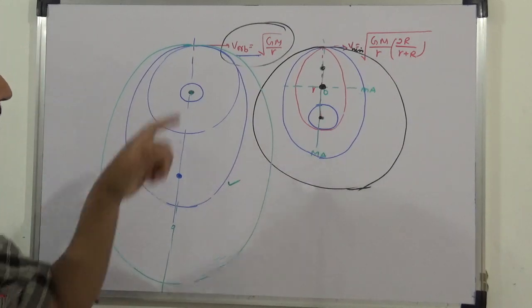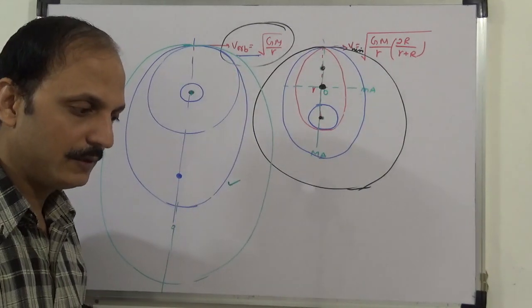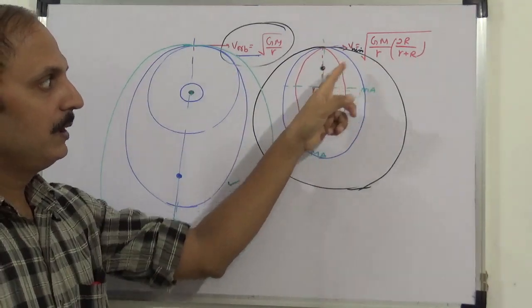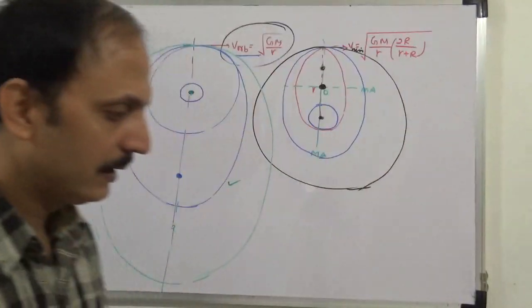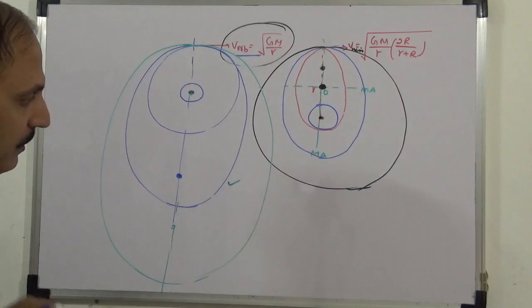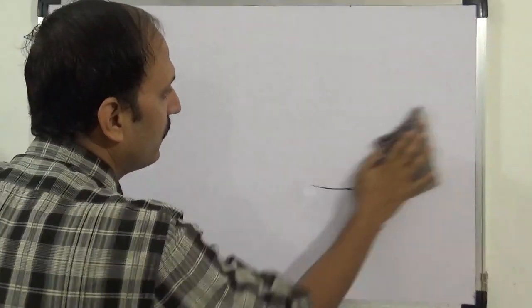We have to find what is the v so that it should not leave the earth's gravitational field. So that is our task now. We have to find the conditions for different trajectories. Just it is started now. Condition for different trajectories.